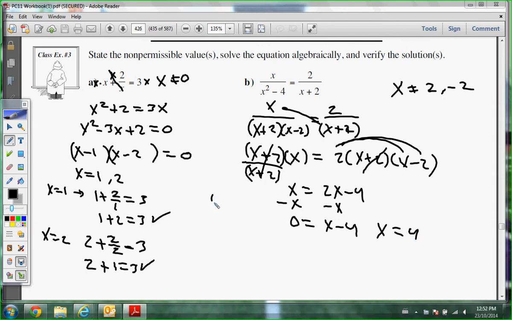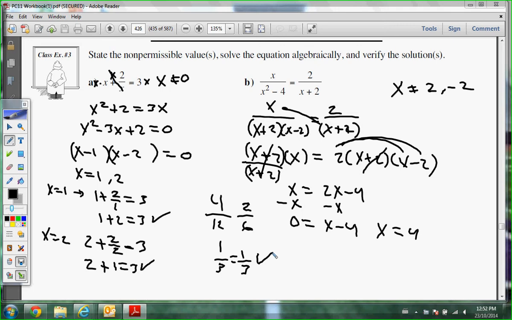So that'll be a 4 over 16 minus 4, because 4 squared is 16. That gives me 12, which is 1/3. And 2 over 4 plus 2 is 2 over 6, which is 1/3. So they are equal, so x equals 4 is okay.